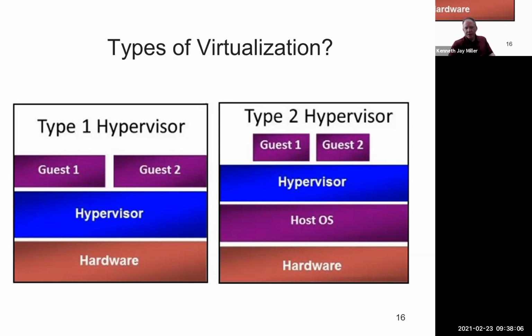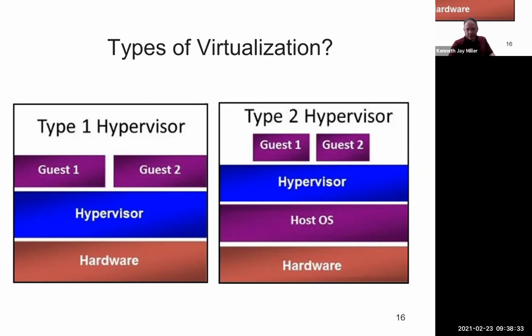So if you were to just look at these two pictures, and if your guest machine needs to communicate with the CPU, which one is closest to the CPU, a type 1 hypervisor guest or a type 2 hypervisor guest? I mean, physically, which one's closer? Exactly, type 1, because type 1 only has what?